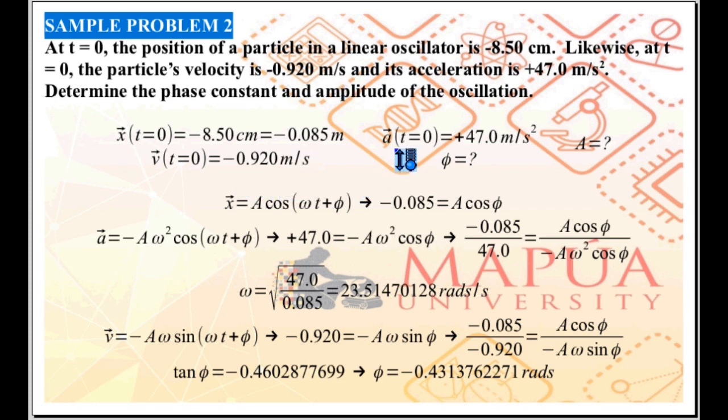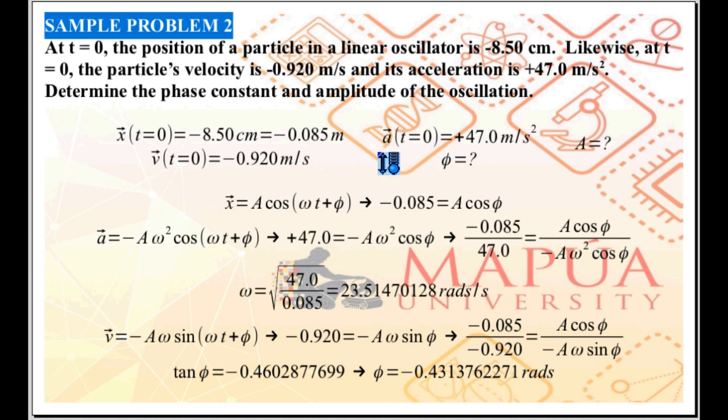Likewise, we have the acceleration value at t is equal to 0, positive 47 meters per second squared. Using this information, determine the phase constant phi and the amplitude A. So we have x, v, and a.